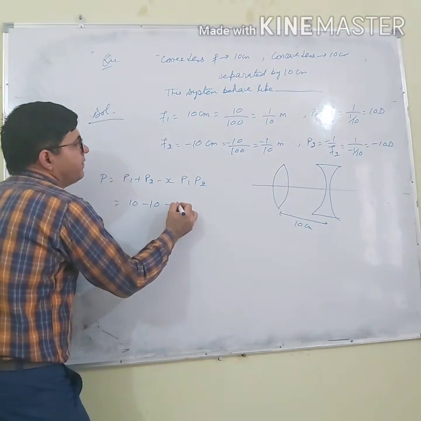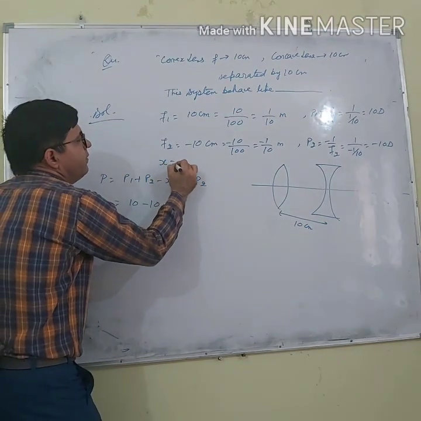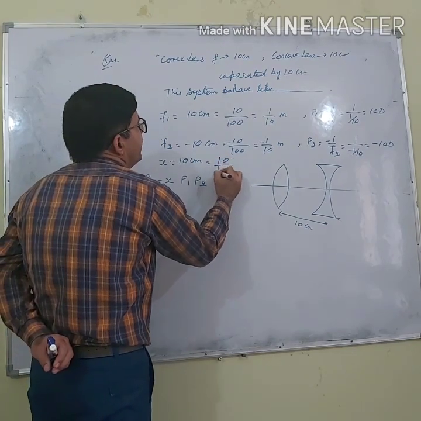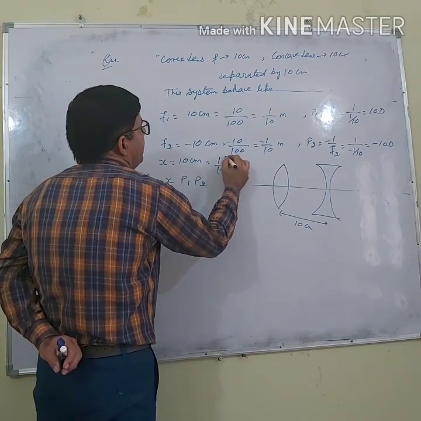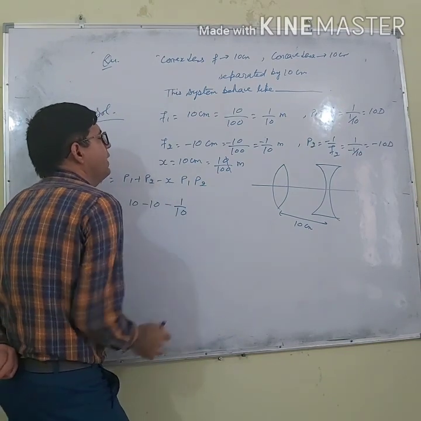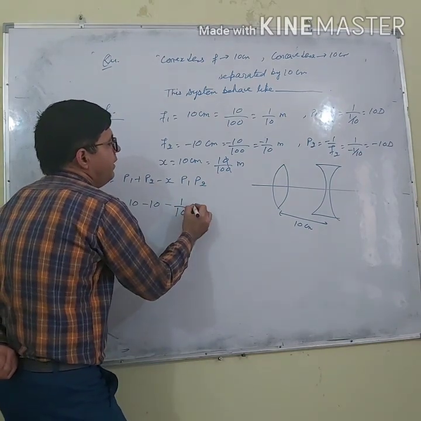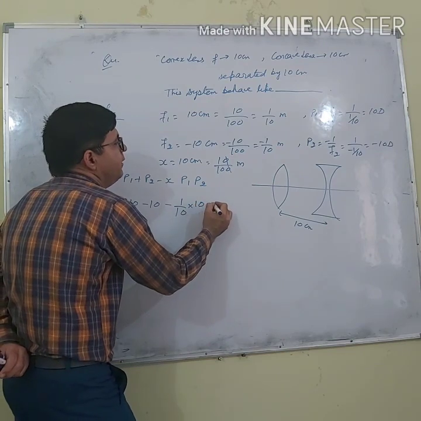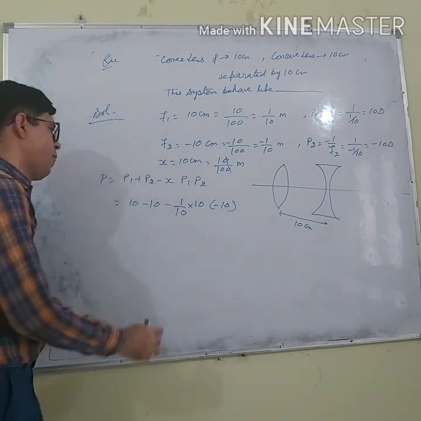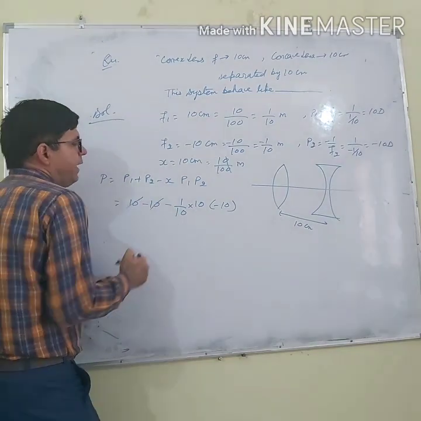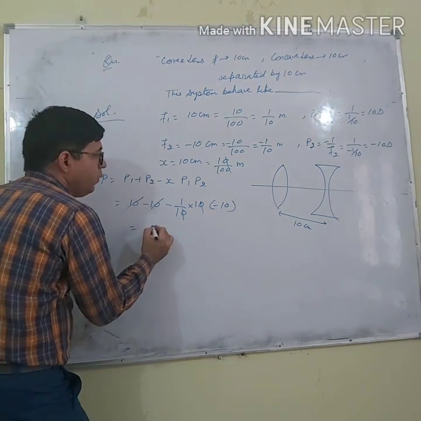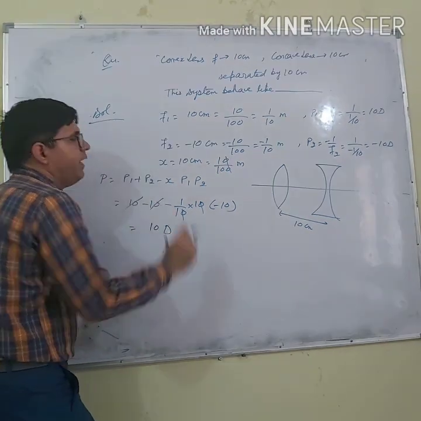And what is this X? Here X is 10 centimeter. Convert it into meter. 10 by 100 meter, zeros cancel. 1 by 10 meter. X is 1 by 10. And what is P1? It is again 10. And what is P2? It is again minus 10. And 10 cancelled, minus minus plus, so it will be plus 10 diopter.